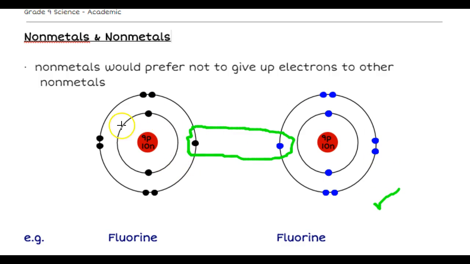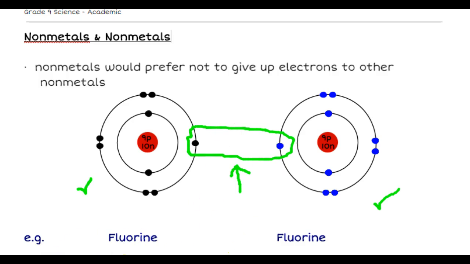And this fluorine over here on the left also has 1, 2, 3, 4, 5, 6, 7 of its own electrons, plus 1 that it's sharing, which also gives it 8. So everybody is happy. Now this thing that we formed by the sharing of electrons, that is what we call a covalent bond. A covalent bond.